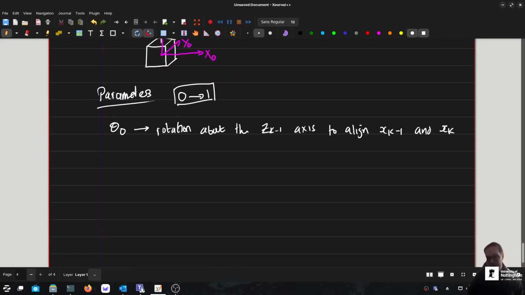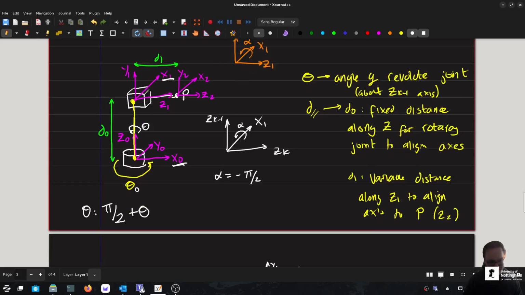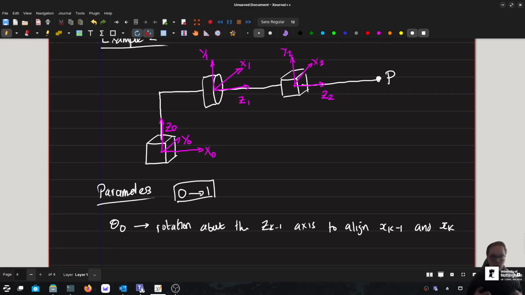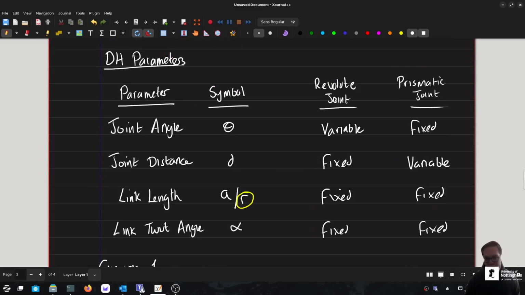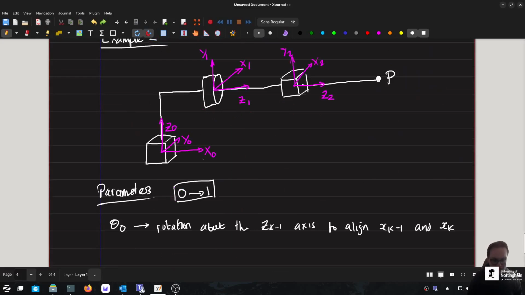So, it's the rotation about the z(k-1) axis to align x(k-1) and x(k). Again, we need to align x0 and x1. There's going to be a 90-degree turn, but then if the x0 axis moves, this is also going to move as well, so we've got to add that theta term in. Looking at this case, we said before in our table at the top that for theta, for a prismatic joint, it is fixed. It's not 0, but it is fixed. As you can see in our example, x0 and x1 are again 90 degrees out.